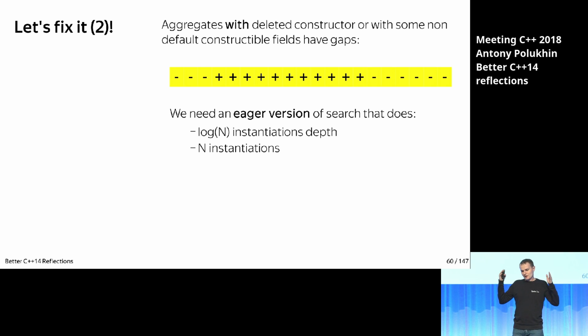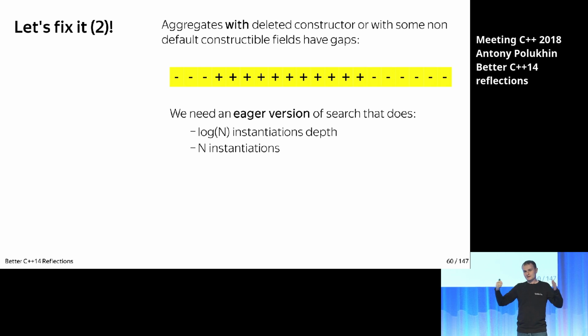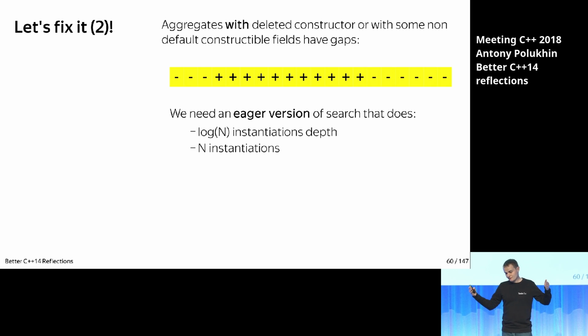We cannot do a fast binary search here, but we can deal with the problem of template instantiation depth. If we use the naive approach and drop one argument by one, it will be a linear instantiation depth. So we'll fail our compilation really fast because we'll exceed the compiler instantiation depth limit.